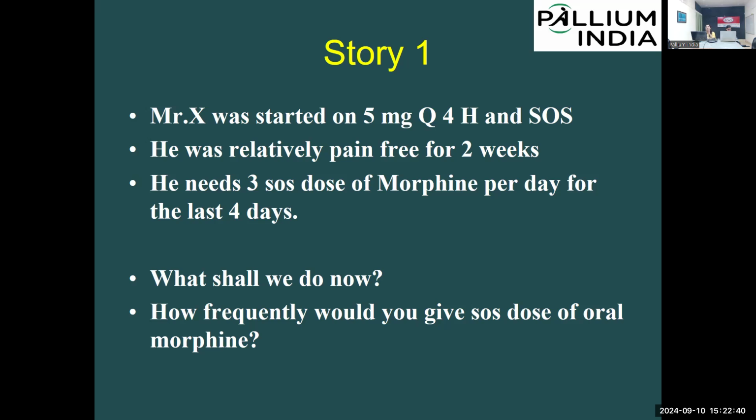So how do we increase the morphine dose? Suppose a patient is taking 3 or more rescue doses, you can increase the dose by 30 to 50%. As Sister Sumati has already said, we can either increase the dose to 7.5 milligram or to 10 milligram.